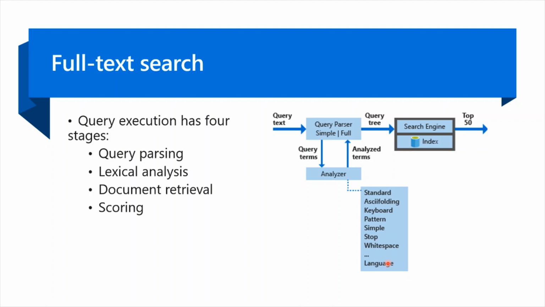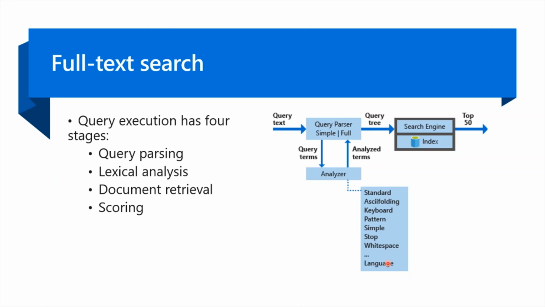For text queries, Azure Search will seamlessly deliver expected results in most scenarios, but occasionally you might get a result that seems off somehow. In these situations, having a background in the four stages of Lucene query execution, query parsing, lexical analysis, document matching, and scoring can help you identify specific changes to query parameters or index configuration that will deliver the desired outcome.